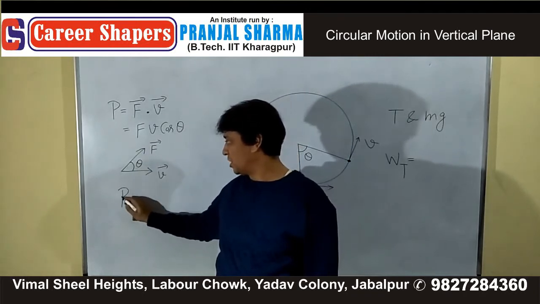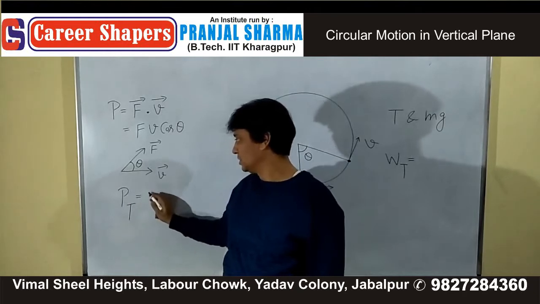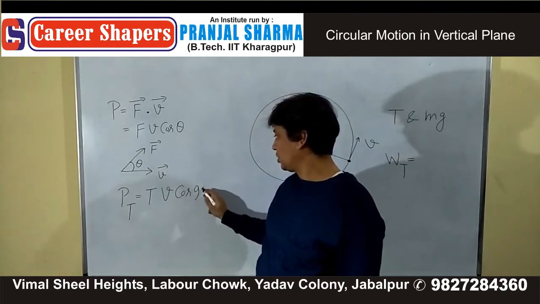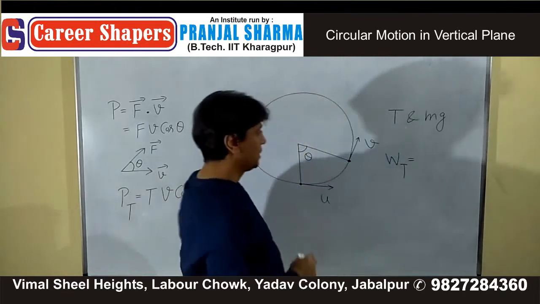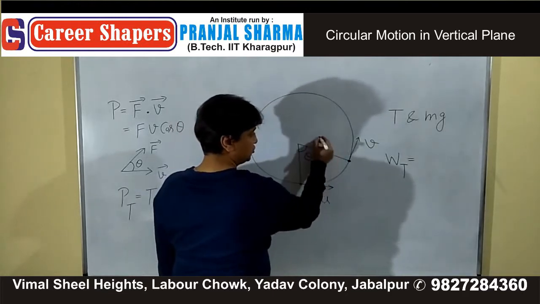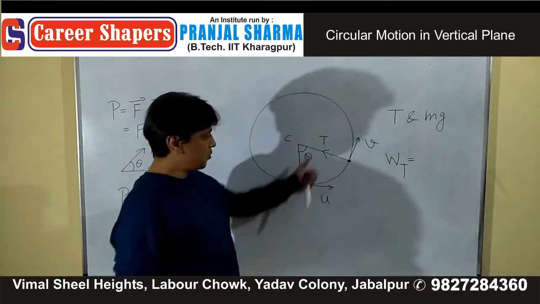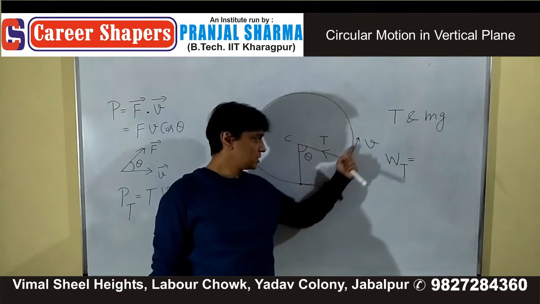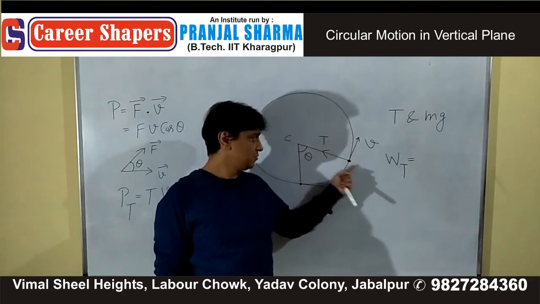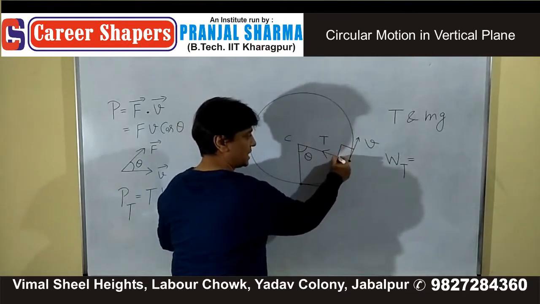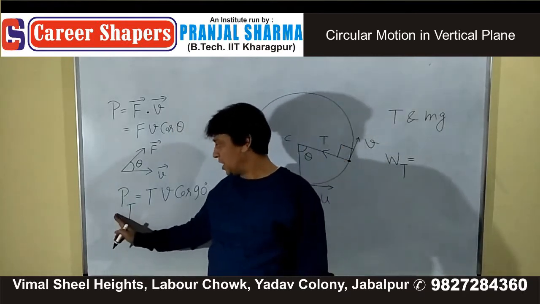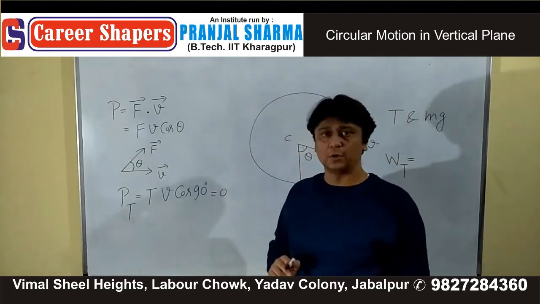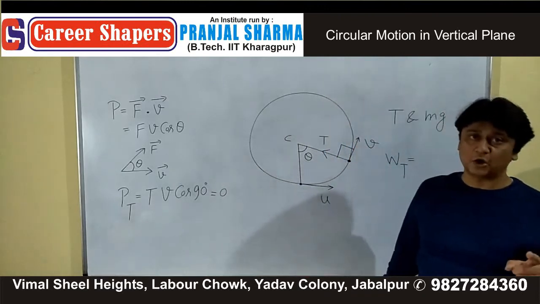So if I ask you what is the power delivered by tension force, then I hope you can see that it's T into V into cos of what? 90. At any place, tension force is pointing towards the center. That means radial direction. Velocity is along the tangent. What is the angle between tangent and radius? This angle is always what? 90. And therefore, power delivered by tension force is throughout what? Zero. What is power? Rate of doing work.